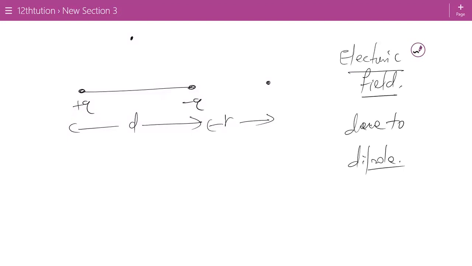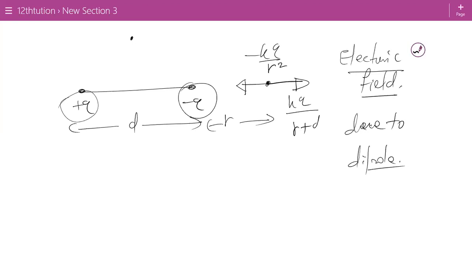At this point, the electric field due to this negative q will be kq by r square in this direction, because the direction of electric field will be inward due to negative charge. The electric field due to positive q charge will be radially outward, and that will be kq by (r plus d) whole square.